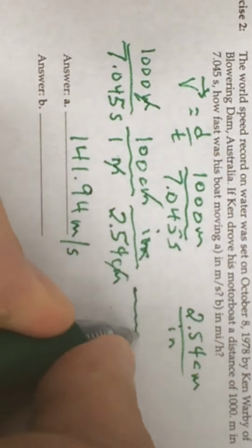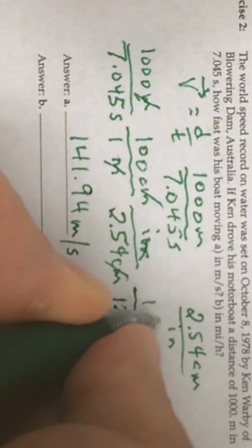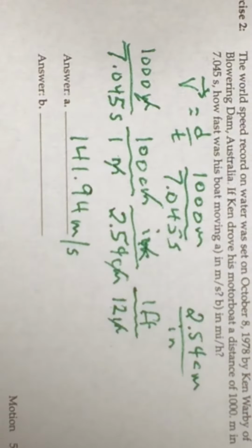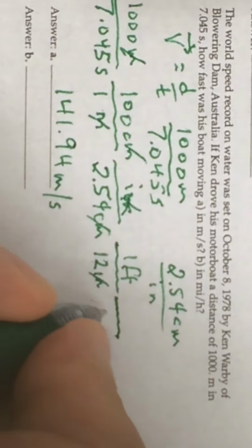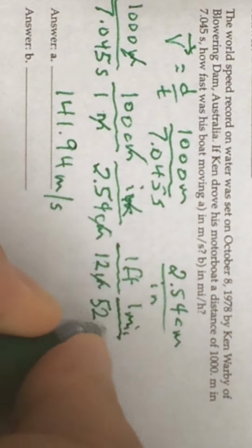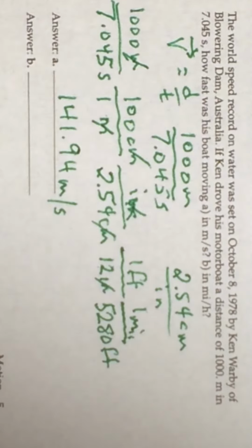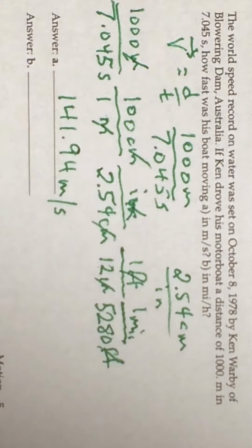Well, I know that there are 12 inches in 1 foot. So now I'm in feet per second. And I, in 4th grade, learned that in 1 mile, there were 5,280 feet. I think that's still true. So now feet have canceled, and I'm in miles per second.